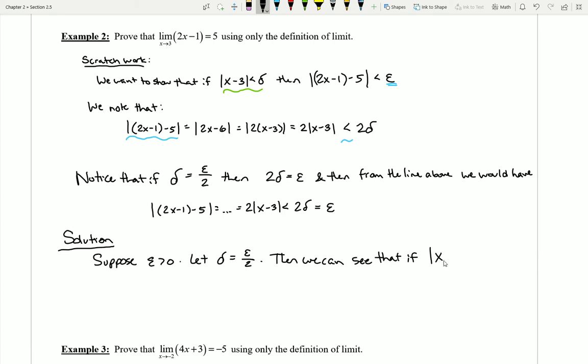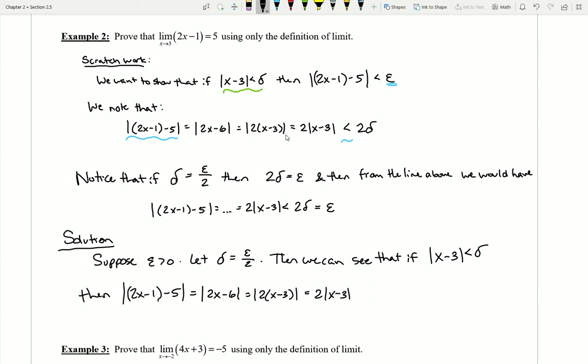if the absolute value of x minus 3 is less than delta, then the absolute value of 2x minus 1 minus 5 is going to be, and I'm going to write out all of the work that I need here. I know this is going to turn into 2x minus 6. I know it's going to turn into the absolute value of 2 times x minus 3. I know I can rewrite that as 2 times the absolute value of x minus 3.